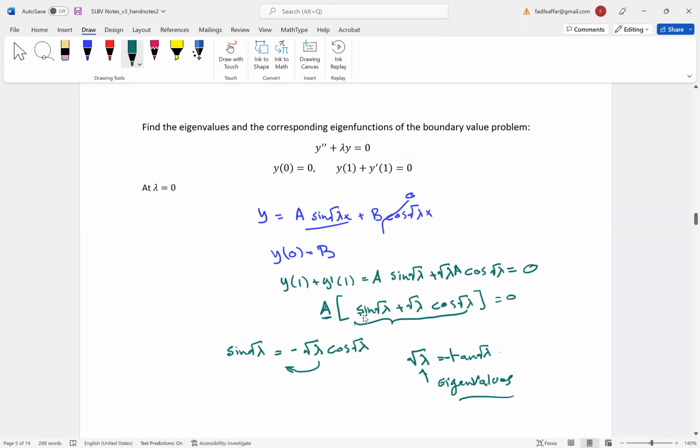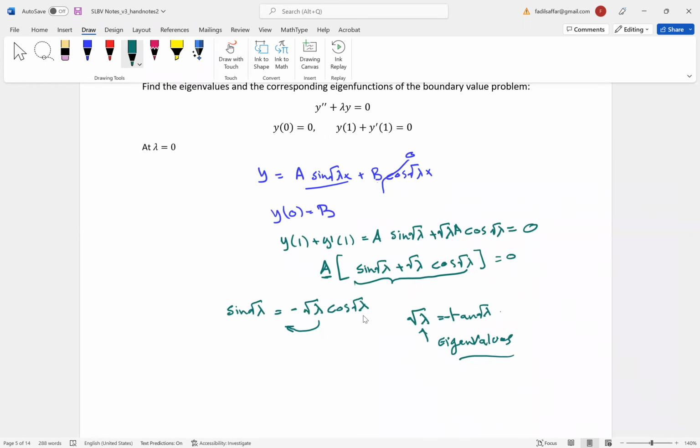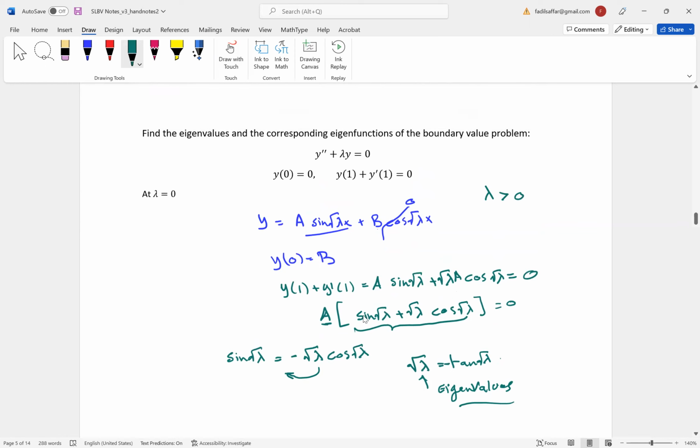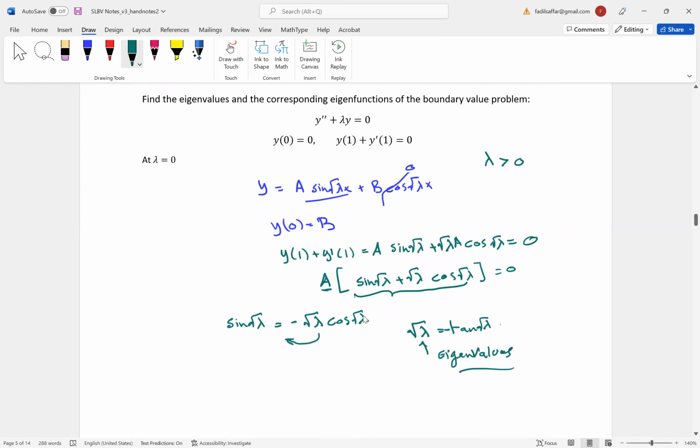And I just want to highlight one thing here: for this problem, assume that lambda is greater than 0. Because probably you'll be asked in the homework whether lambda is an eigenvalue or not. And that question is basically about whether we're only solving for a non-trivial solution.